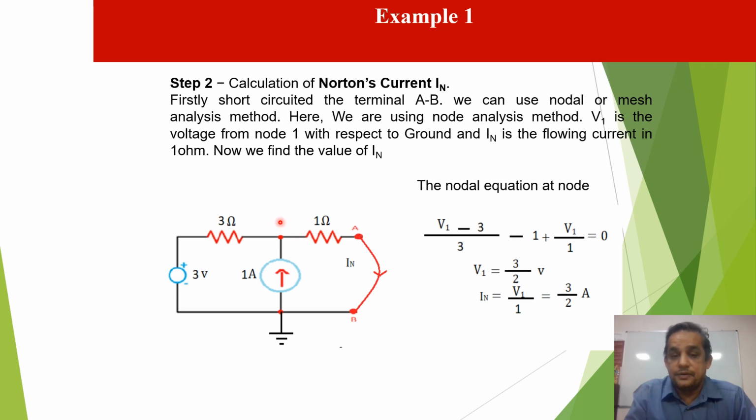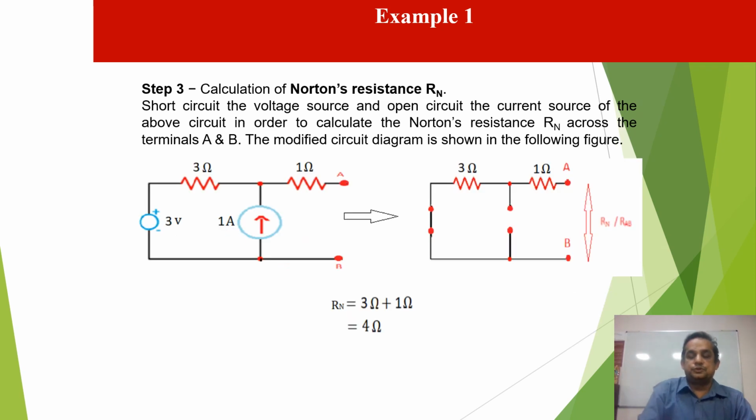Here we know that V1 is positive, so the current flows from V1 to V0, from A to B. The IN is positive.